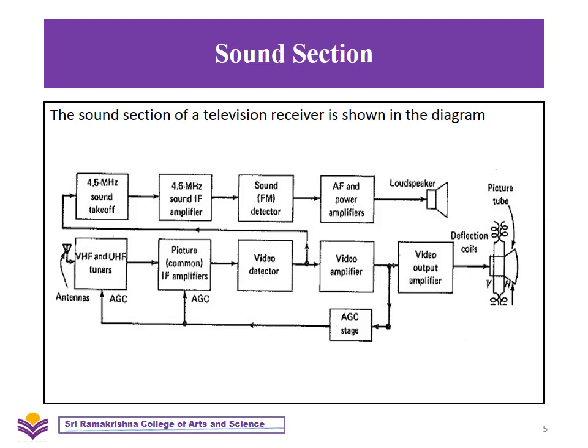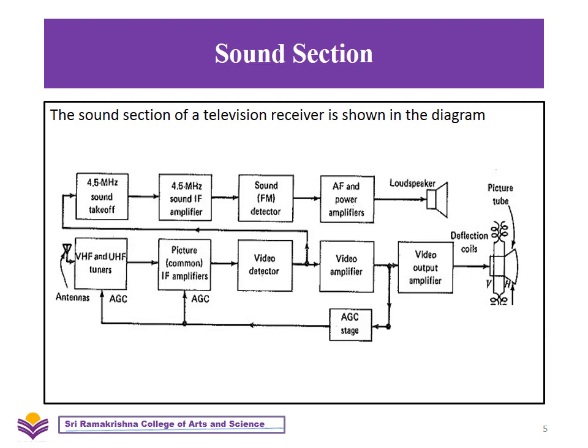Until this video amplifier stage, we have an automatic gain controller which is used to control the gain of the voltage generated in the circuit. The output of the video amplifier is post processed again with a video output amplifier, and the output of the circuit is given to the picture tube of your TV.